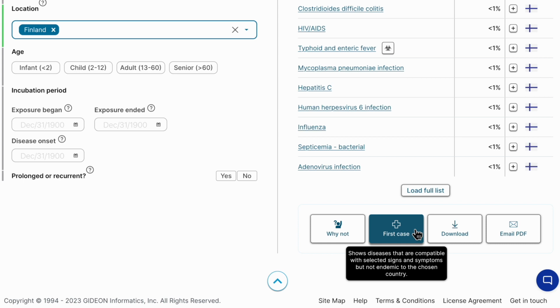Same symptoms, but not in Finland. And we call it the first case scenario because this often happens to us as a programmer. We will encounter a disease which had not been reported until a publication we're looking at, let's say today, and we will change this the same day. In other words, it now becomes a disease of Finland because it has now appeared in Finland.